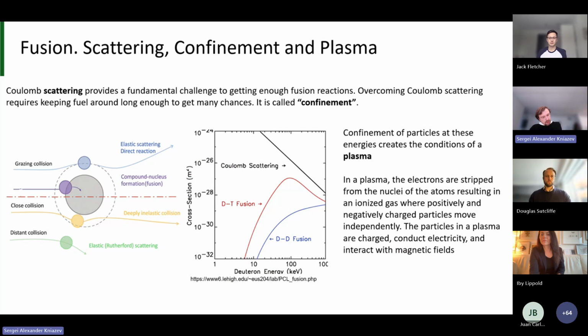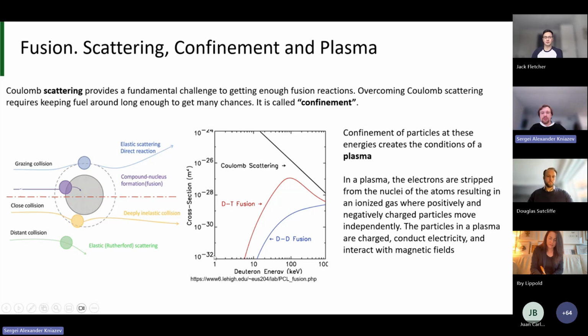Then let's go back to the question of probability. As I mentioned before, when two atoms meet each other, they don't fuse in 99.999% of cases. Most of the time, so-called Coulomb scattering happens, which prevents atoms from fusing.